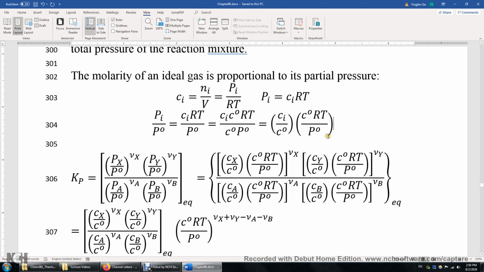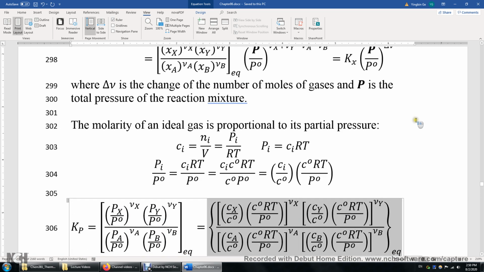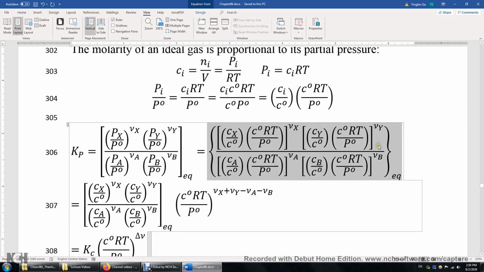So now we can plug in this formula in the expression of the equilibrium constant of pressures. This is complicated enough, but we need to make it more complicated by plugging this in each of the 4 terms. 2 on the top, they are the products. 2 on the bottom, they are the reactants. And then we put all those concentrations together to get this equilibrium constant of concentrations.